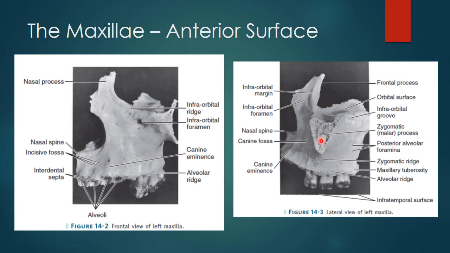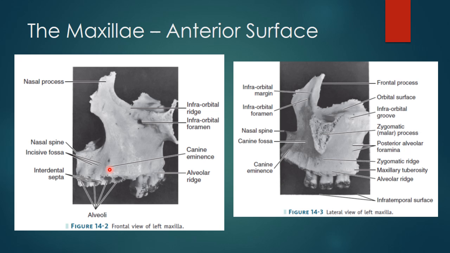The zygomatic process has a confluent ridge directly over the roots of the first molar, called the zygomatic ridge here. The most pronounced ridge that can be found on the anterior surface of the maxilla is the canine eminence here.